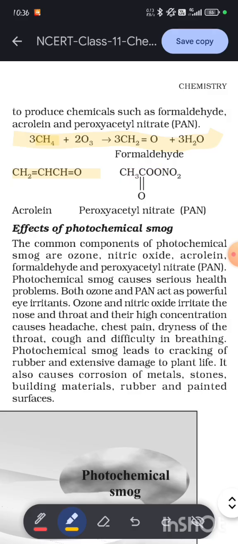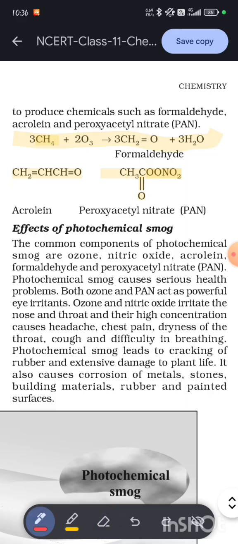The next, CH3COOC=OO NO2. This is peroxyacetyl nitrate.